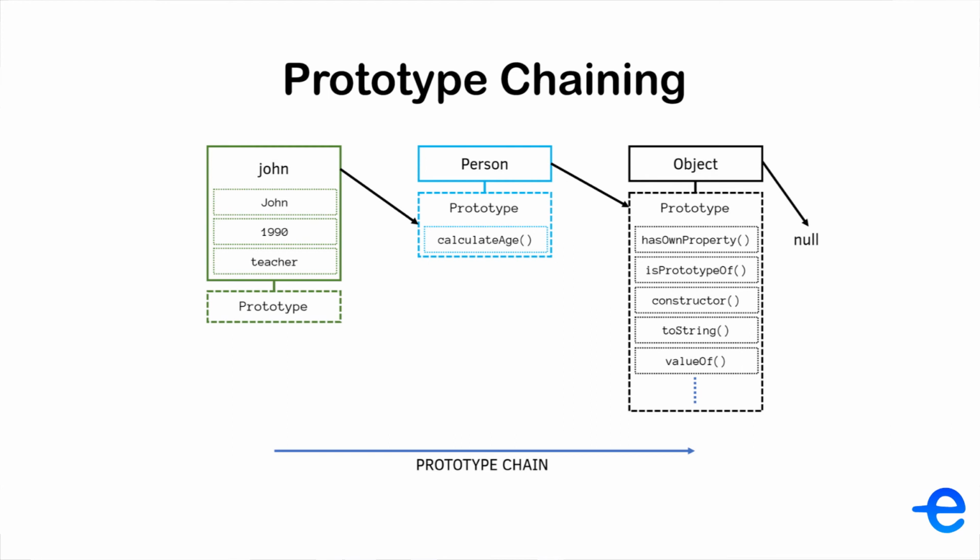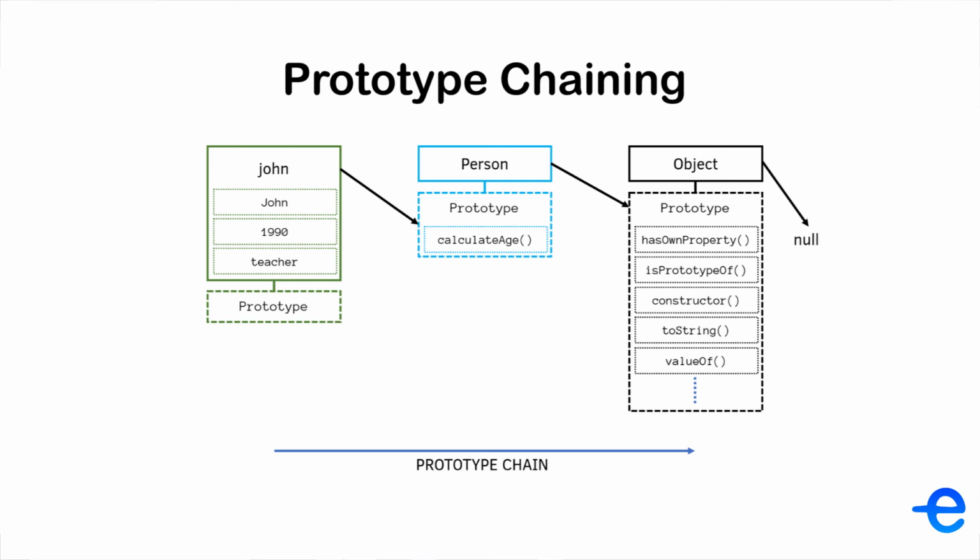So what happens is, say you want to access the toString method, which is a part of the prototype of the JavaScript Object, and you want to use it on John. If you do john.toString, JavaScript will try to search inside the prototype of John, which is the prototype property of the parent, person.